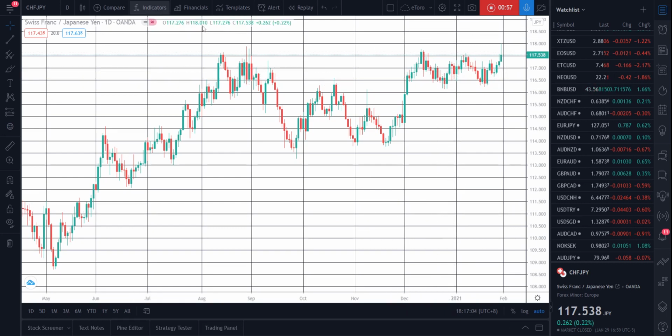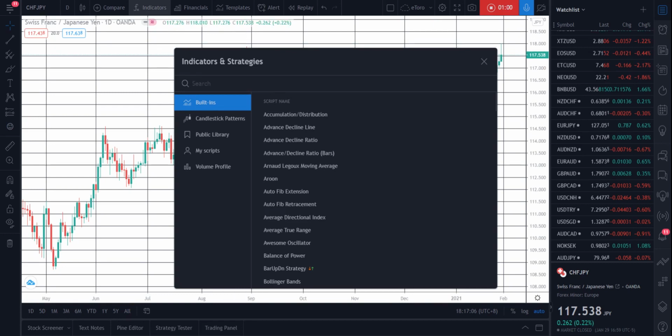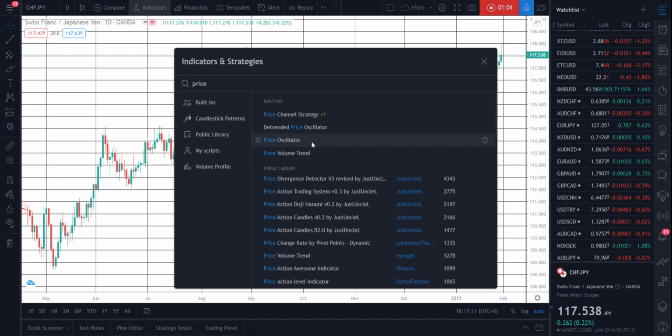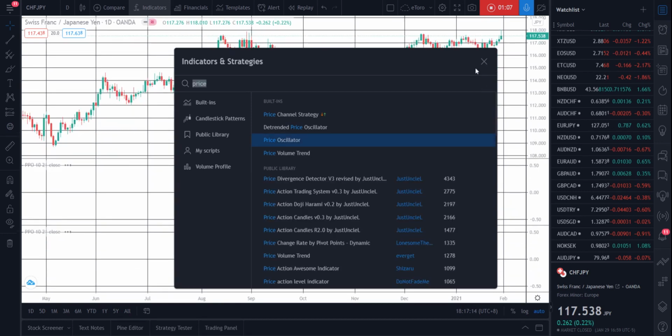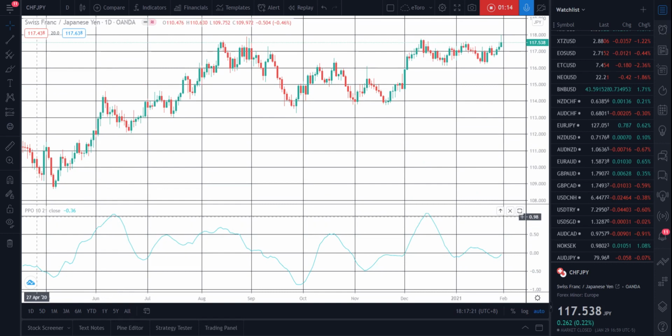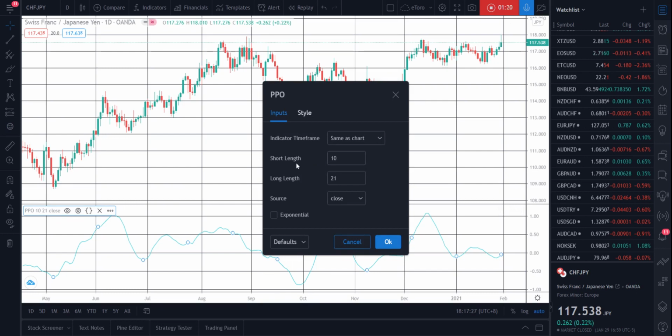First, let's look at the price oscillator. Type it here, price oscillator. You can see it here. Sorry, I added it twice, just close one of them. You can change the settings, the number of the short period and longer period, but I'm going to leave them at 10 and 21.